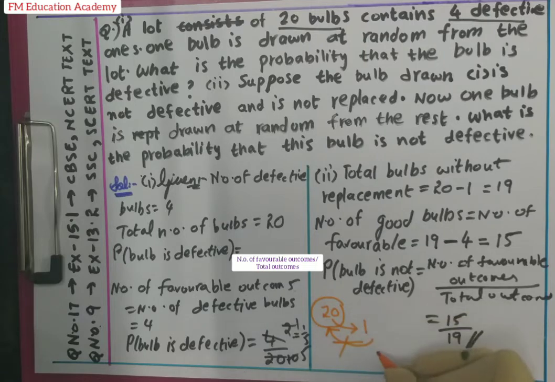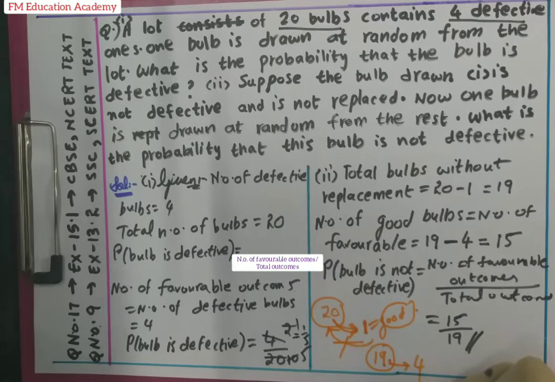So how many bulbs are remaining? 19 bulbs are remaining. Understood? And the bulb which you took out is a good bulb. Defective bulbs are not changing. In these 19 bulbs, 4 are defective. Because it is telling that the bulb drawn is not defective, we are taking out one bulb which is good, and we are not keeping it back.